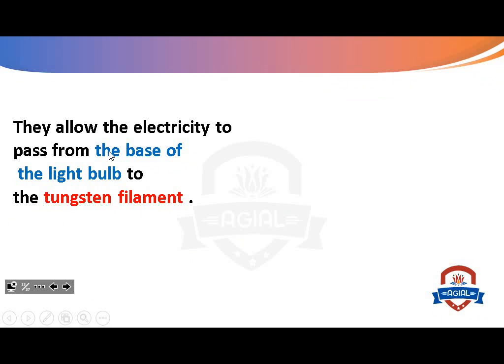The function of copper and lead wires: they allow the electricity to pass from the base of the light bulb to the tungsten filament. So again, we have two functions. The function of the filament: it heats up and gives heat and light when the electricity passes through it. What's the function of the copper and lead wires?